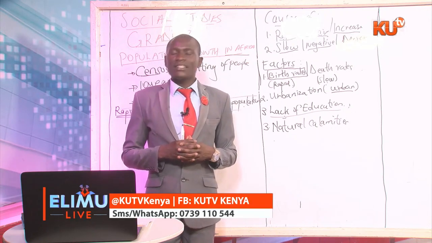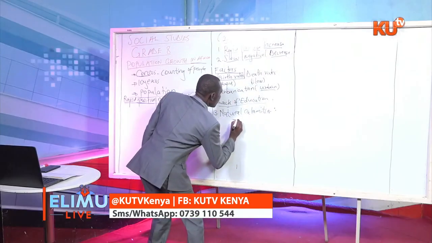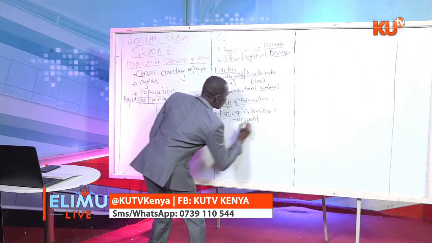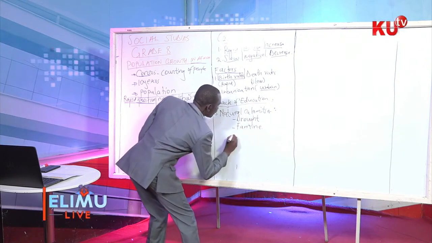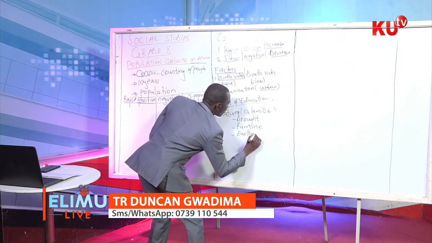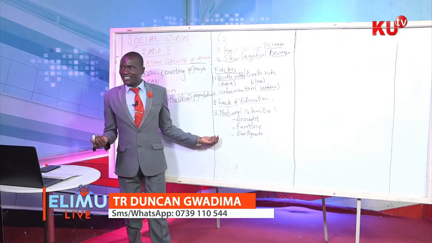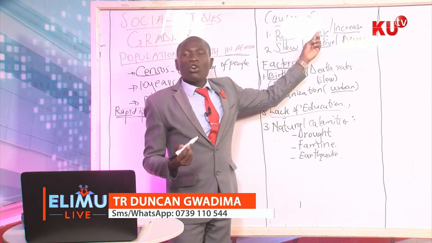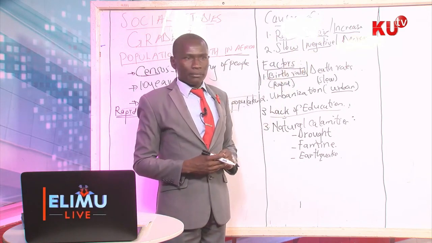Some of these are: one, drought; two, famine; three, earthquake. These are some of the natural calamities that will have an effect on either rapid or slow population growth.